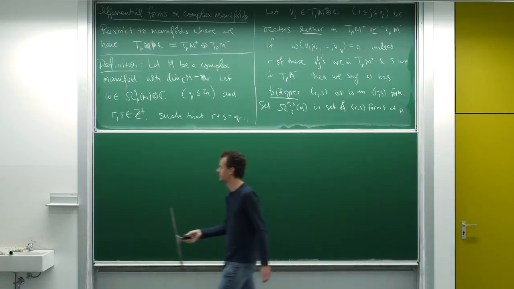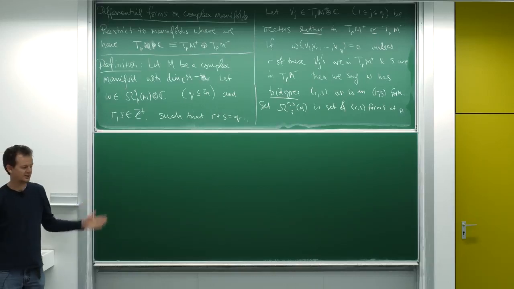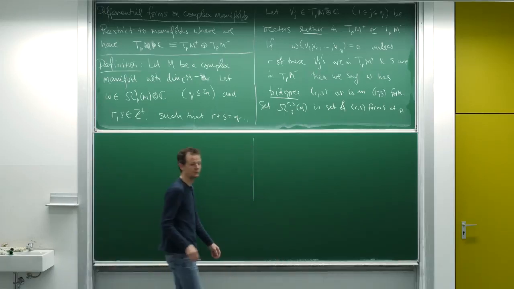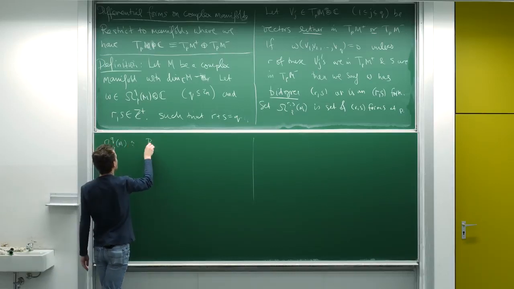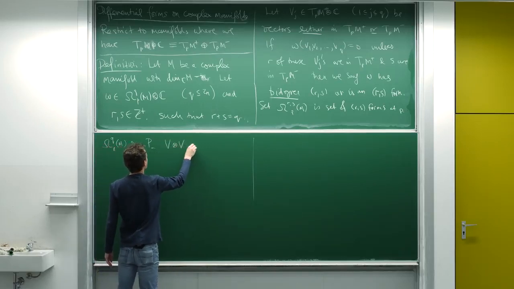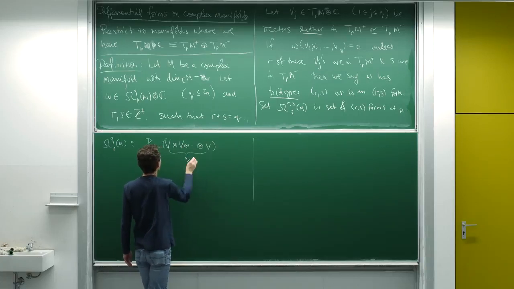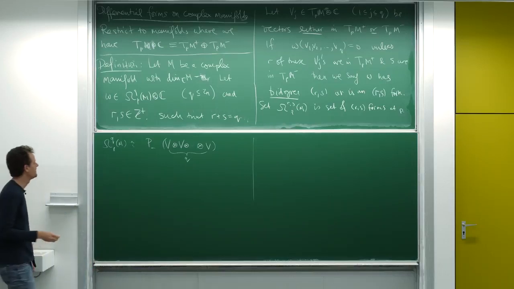If you remember, Q forms are elements of the antisymmetric vector space, which is the tensor product of the tangent space Q times. So it's the antisymmetric subspace of the Q-fold tensor product of V.